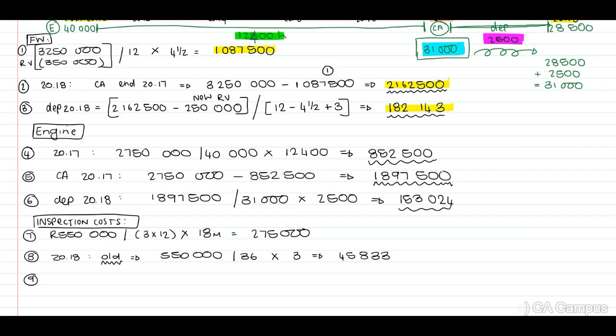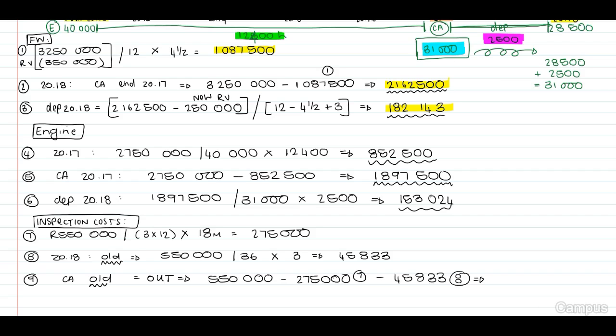I now need to identify what is the carrying amount of my old. Why? Because I need to take this out. And this will be the original or the first inspection cost minus 275,000, calculation 7, minus 45,833, calculation 8.